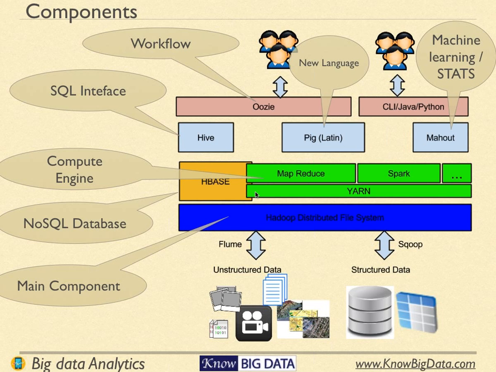Now, when I say you can execute your program on Yarn, you generally do not execute directly on Yarn. Instead, you use paradigms, one layer above Yarn. One of the layers is MapReduce and the other layer is Spark. So you tell MapReduce that here is my code, here is my logic, please execute it. MapReduce will take the logic in the form of map and reduce, and then these maps and reduces are executed on the whole cluster.